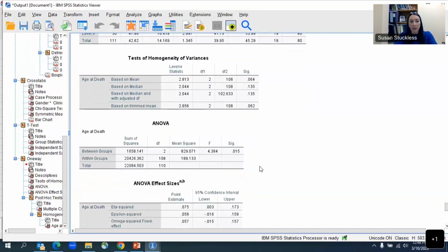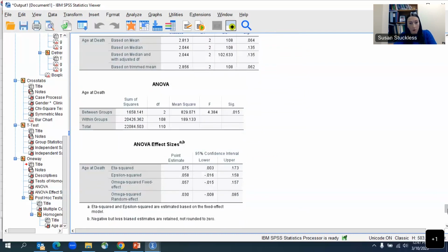We're going to the ANOVA table now, which gives us an overall significance of whether there is a difference between levels of our categorical variable. If we go across, this is the F statistic and the associated significance, and it's 0.015. So we're going to say it's less than 0.05, so there is a significant difference.